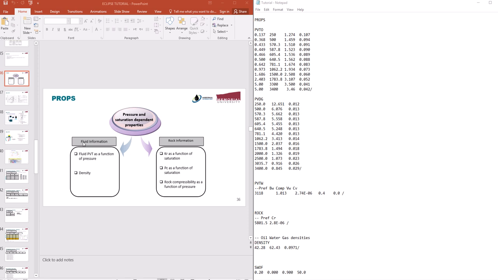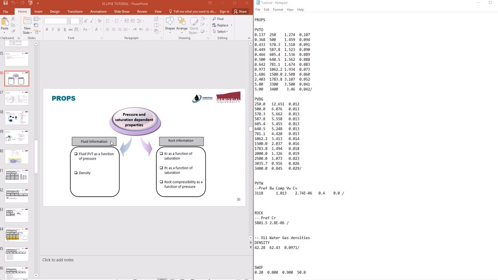So in the props section, first we need to have PVT data, and also we need to have a base density. What is the base density? It's the density in the standard condition, the density of each phase in the standard condition. Why is it important? Because if you have the density in the standard condition, we can calculate the density in the reservoir condition based on PVT data.